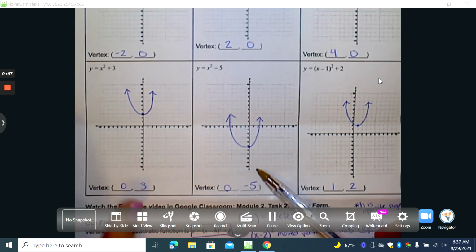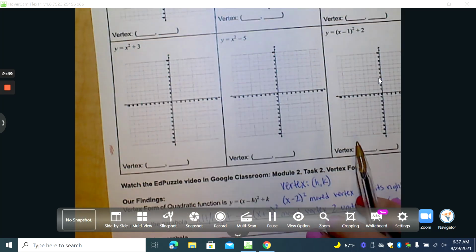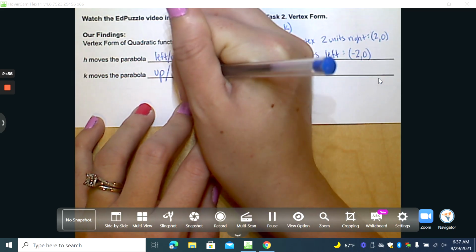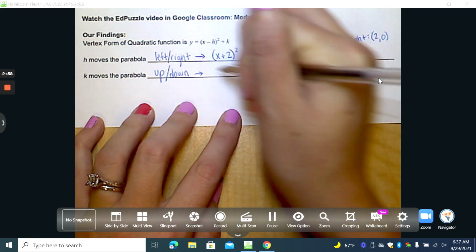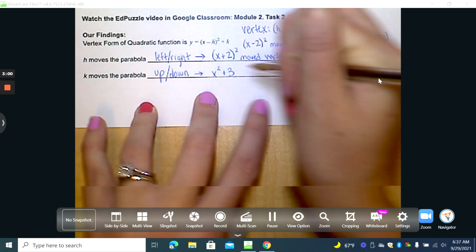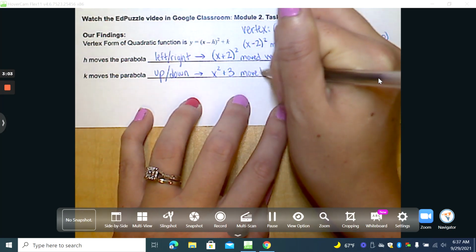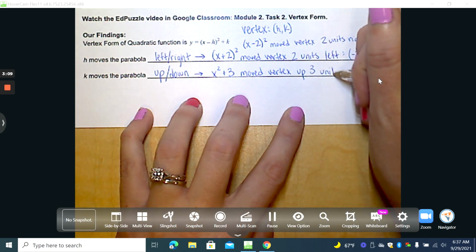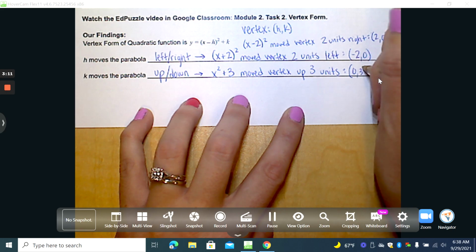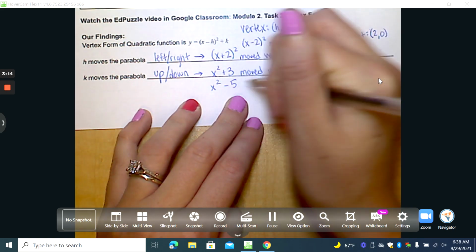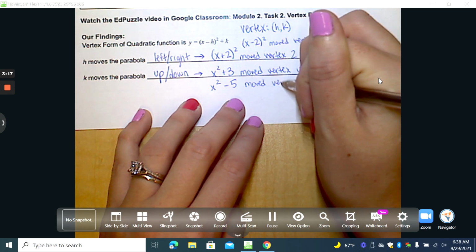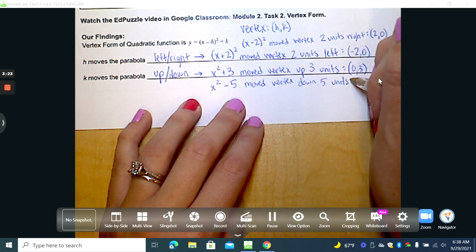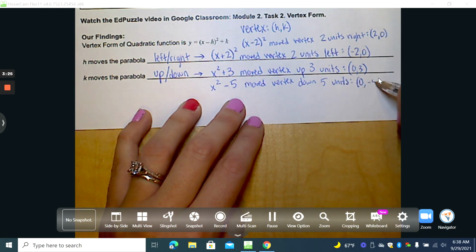So at the very bottom, let's write a little bit about how k moved. K moves my parabola up or down. In the case of x squared plus 3, it moved the vertex up 3 units to 0, 3. And when I had x squared minus 5, it moved my vertex down 5 units to 0, negative 5.